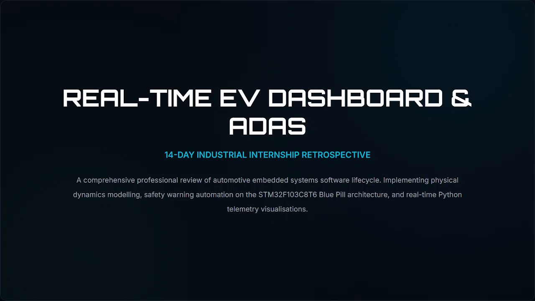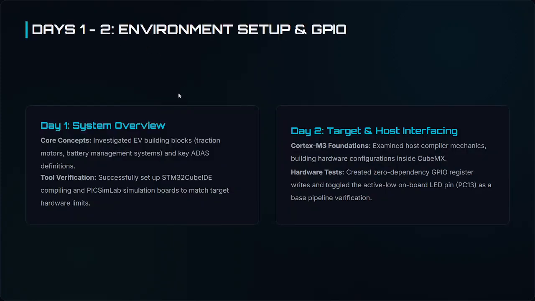First of all, on days 1 and 2, the instructors gave us an overview of the project we are going to be working on and familiarized us with software like STM32 and PiximLab.